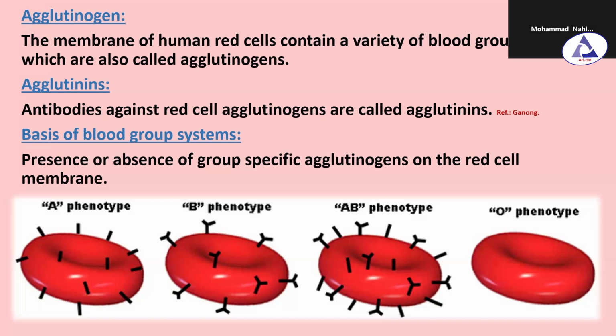Now, come to the agglutinins. The synonyms of agglutinins are antibodies, and antibodies are none other than plasma proteins. We have learned the major plasma proteins present in our plasma: albumin, globulin, fibrinogen, and prothrombin. Among these four, globulins are considered the antibodies, also called agglutinins.